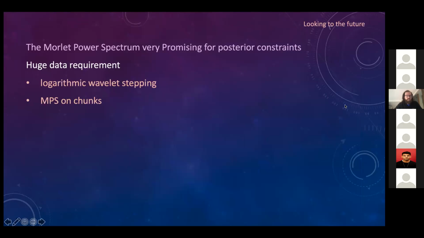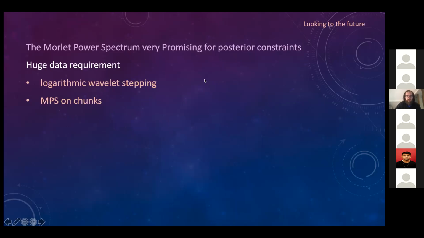So looking towards the future, experiences by about a factor of 5 in the same MCMC. However, this has been on a reduced redshift range.